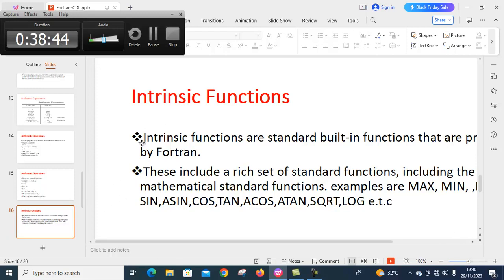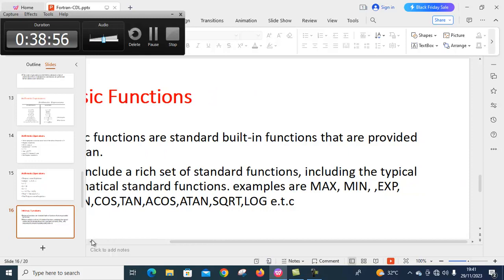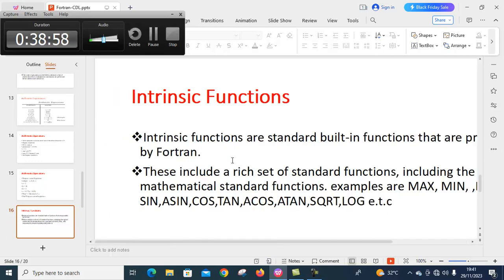The next one we are talking about is the intrinsic functions. Intrinsic functions are standard built-in functions that are provided by Fortran. We talk about IABS or ABS, which means absolute value.